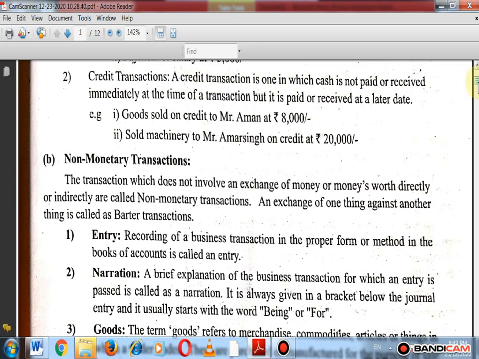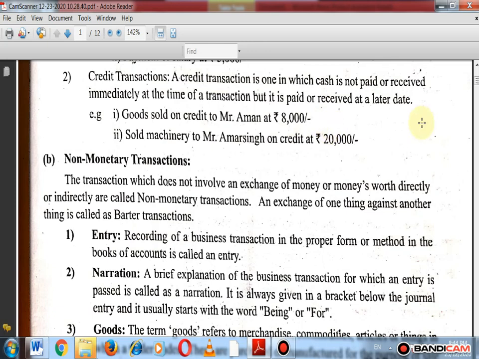One farmer is producing jowar and another farmer is producing wheat, then they exchange these commodities, jowar against wheat, and this is known as a barter transaction. Remember, a barter transaction does not include money or money's worth directly or indirectly. They exchange commodities against other commodities, so it is known as a barter transaction.